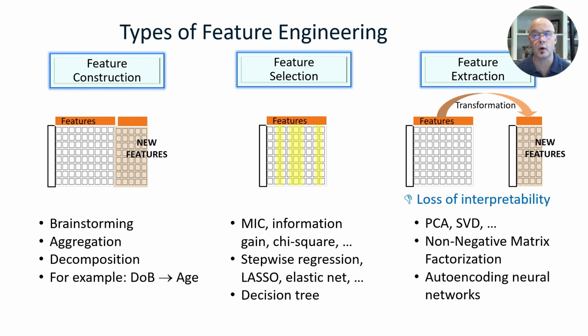Feature extraction is what we're going to be talking about. It is similar to feature construction in that new features are created through transformations, but these are often more complex mathematical transformations. One of the things that we typically think of giving up when we do feature extraction is interpretability. We often lose interpretability of our model because of the advanced transformations we're considering.